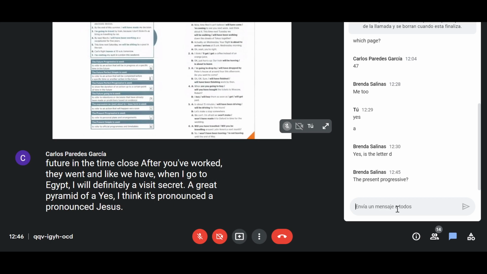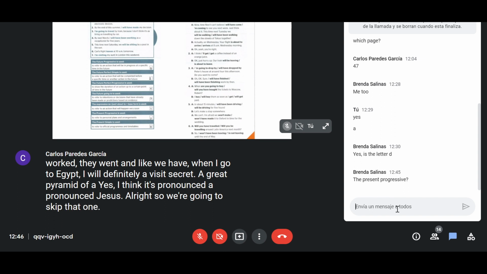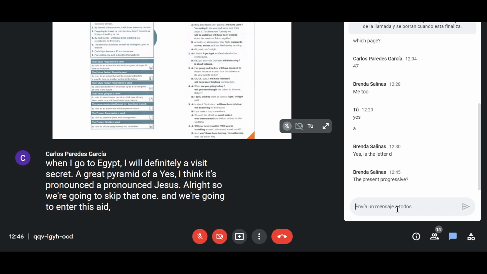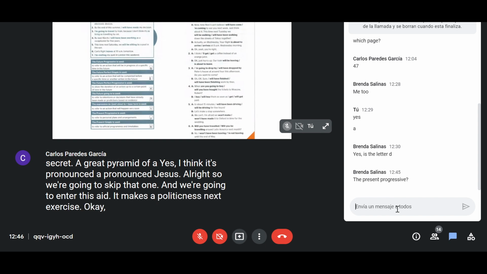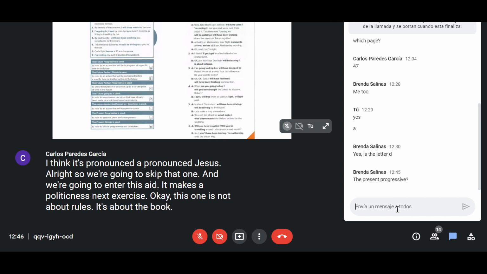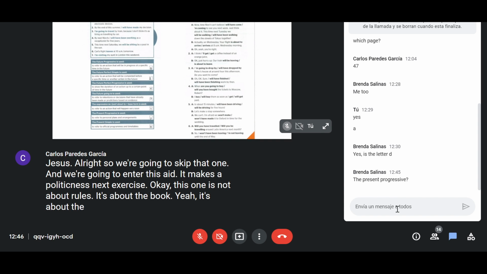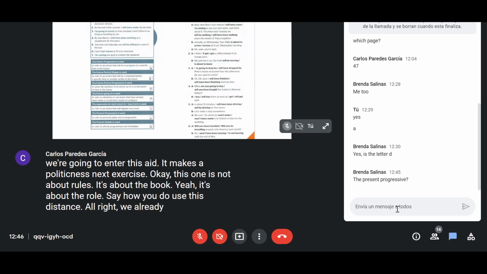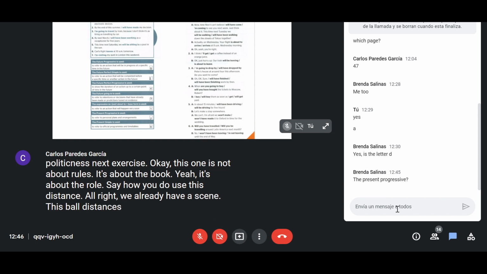All right, so we're going to skip that one, and we're going to enter this next exercise. This one is not about rules. It's about how you use these tenses. We already have seen these tenses, and we know how they work.